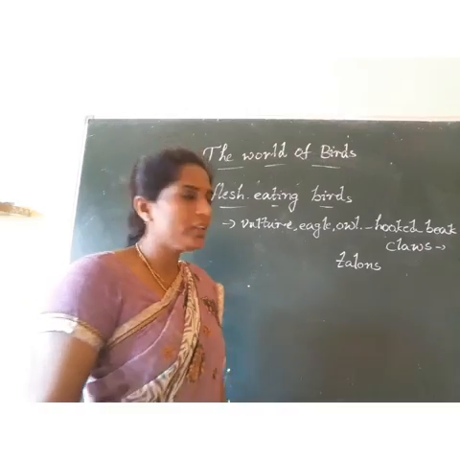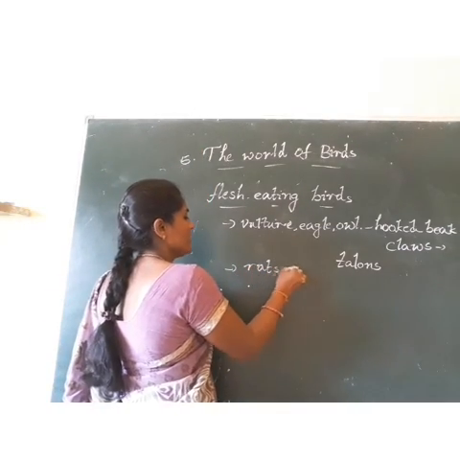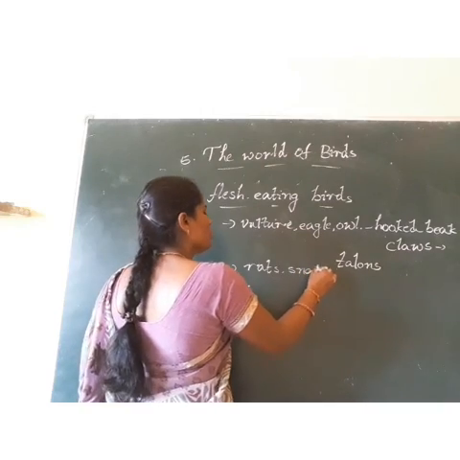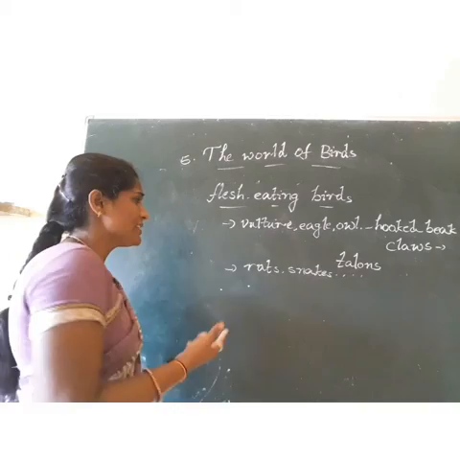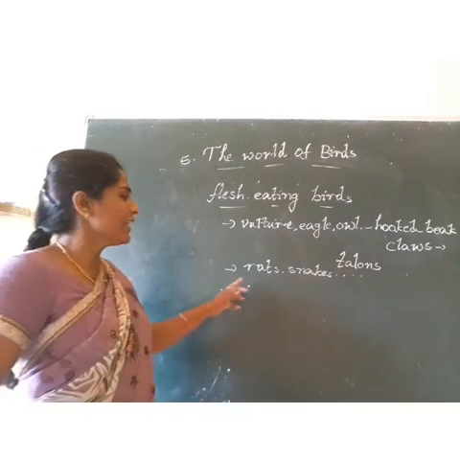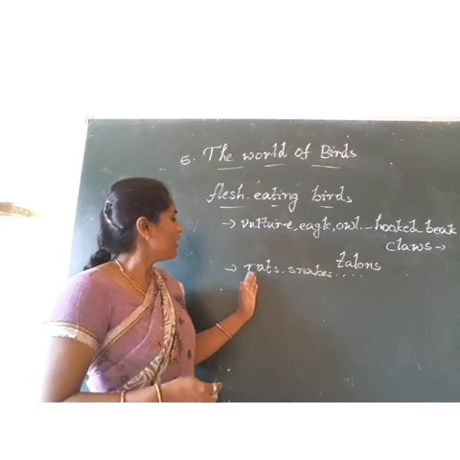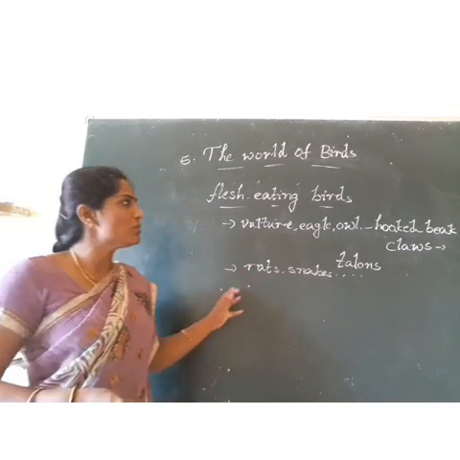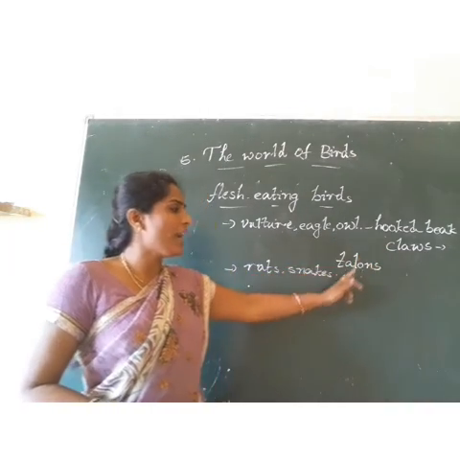And which type of food will they eat? They will eat rats, snakes, and many others, like small chicks. While taking this food, they use their beak and claws, which we call talons.